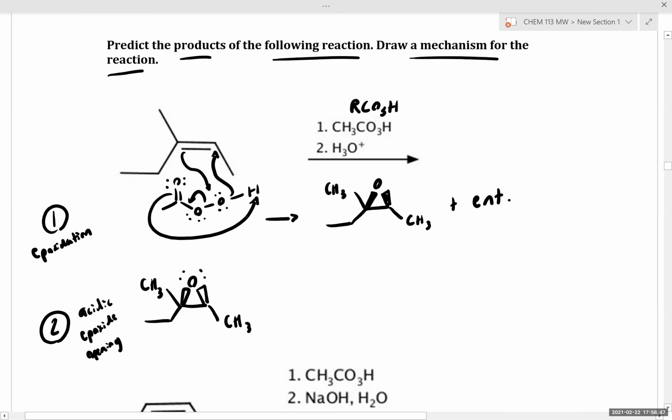I certainly appreciate it when students draw, even if they're drawing with a mouse, because I find it really helps ingrain the muscle memory of drawing a mechanism.